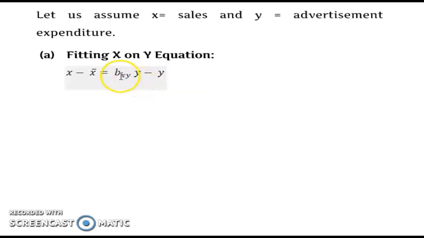So we have to find these values. I said b of xy can be found using correlation values. But how? I'll write how to find b of xy using correlation.